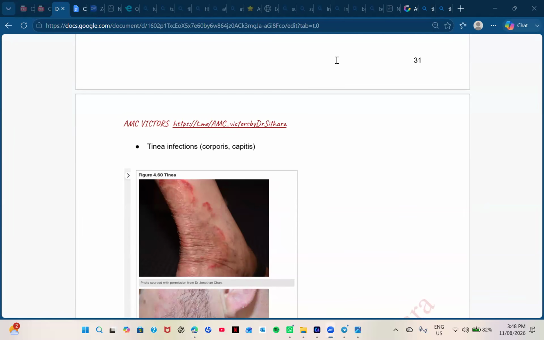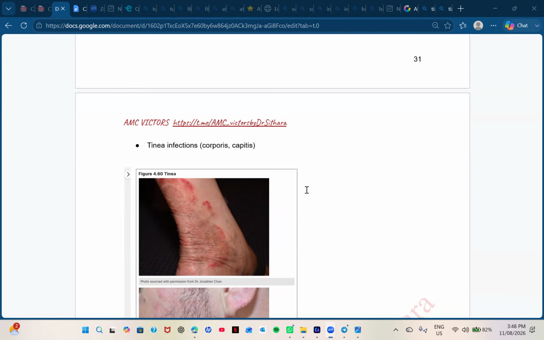We name it according to the type: tinea corporis, tinea capitis, tinea cruris, tinea unguium, tinea barbae.